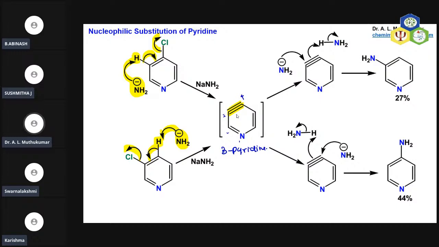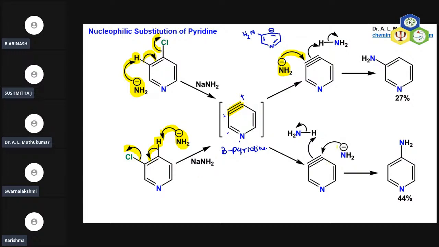So first, you can check with the minor product. This NH2 group is attacking at the C3 position. Immediately the electrons will be moving towards the C4 position. That is the intermediate you have to think of. C3 position attack is taking place, and you will be getting a negative charge at the C4 position.